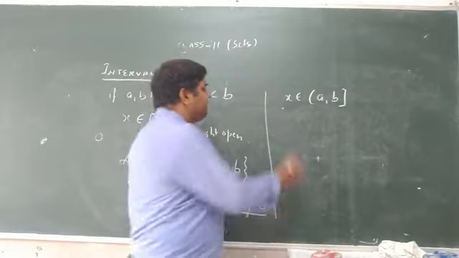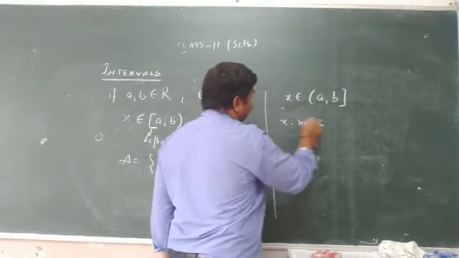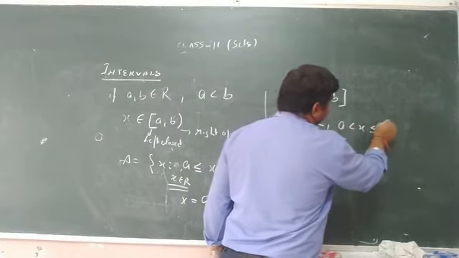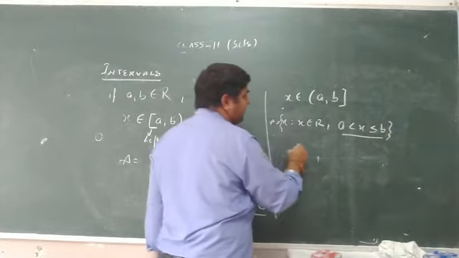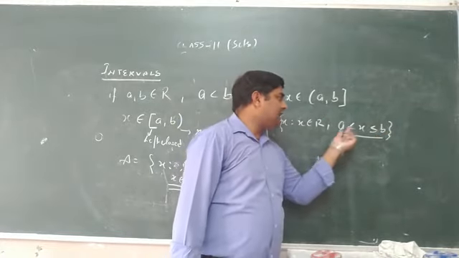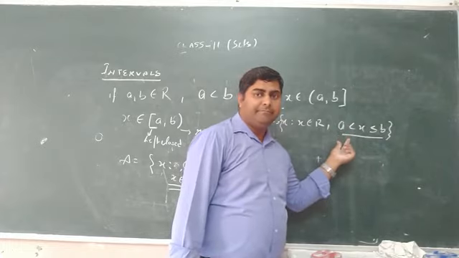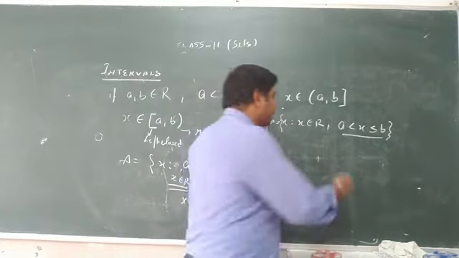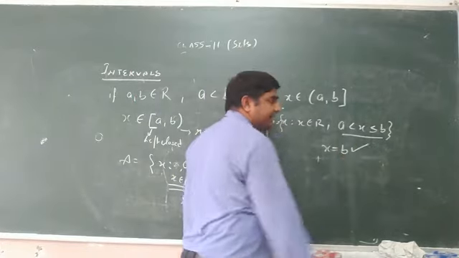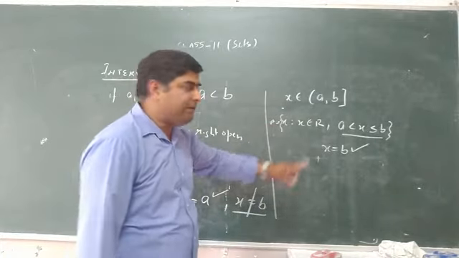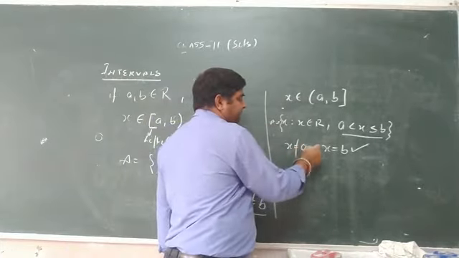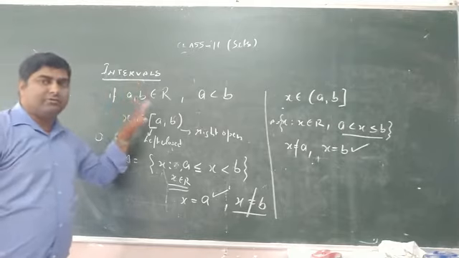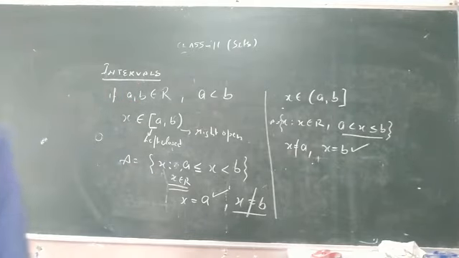Same way, X such that X belongs to real numbers and A < X ≤ B. Keep in mind here, the value of X is always greater than A but less than or equal to B. Here X equal to B can also be taken, but X cannot be equal to A. This is how to represent. This is known as interval. So we have done 4 kinds of intervals.